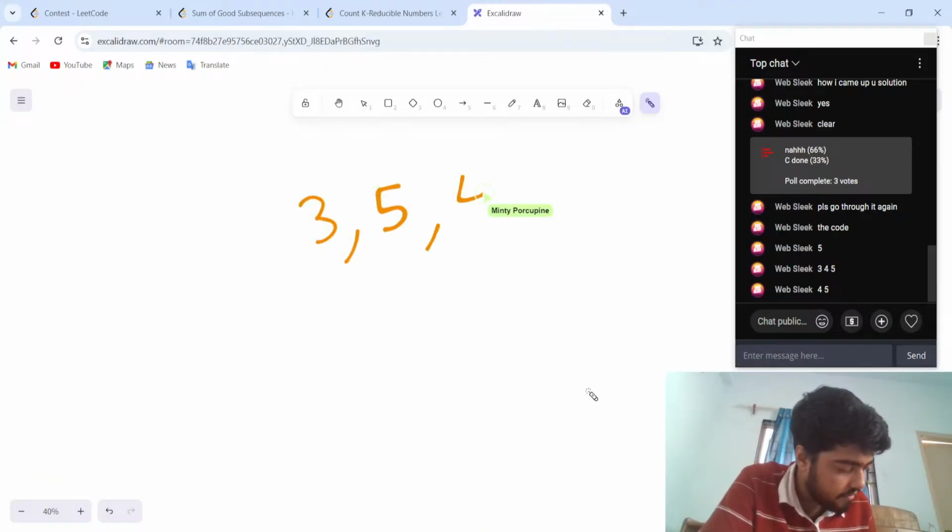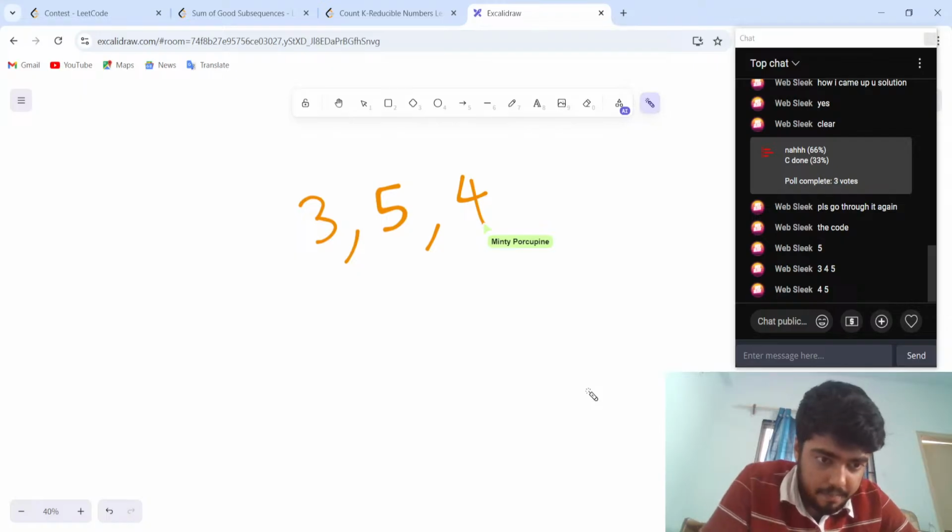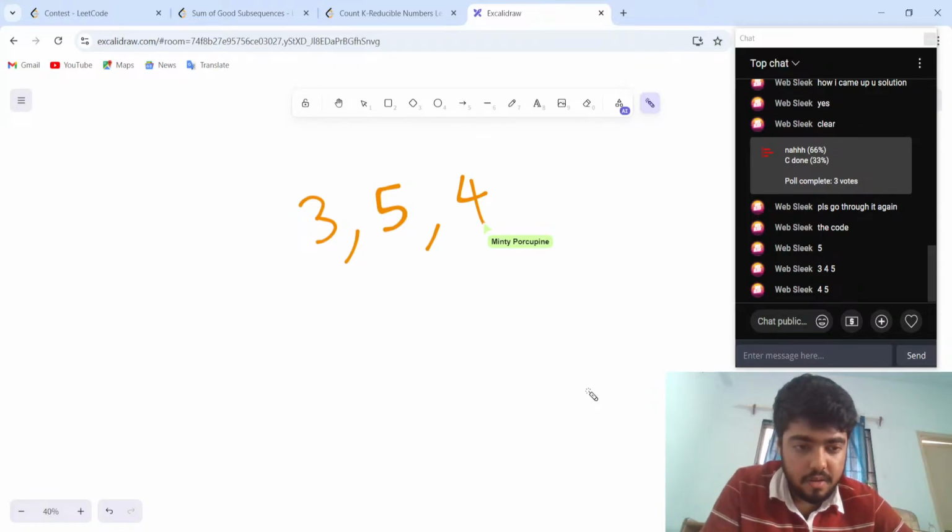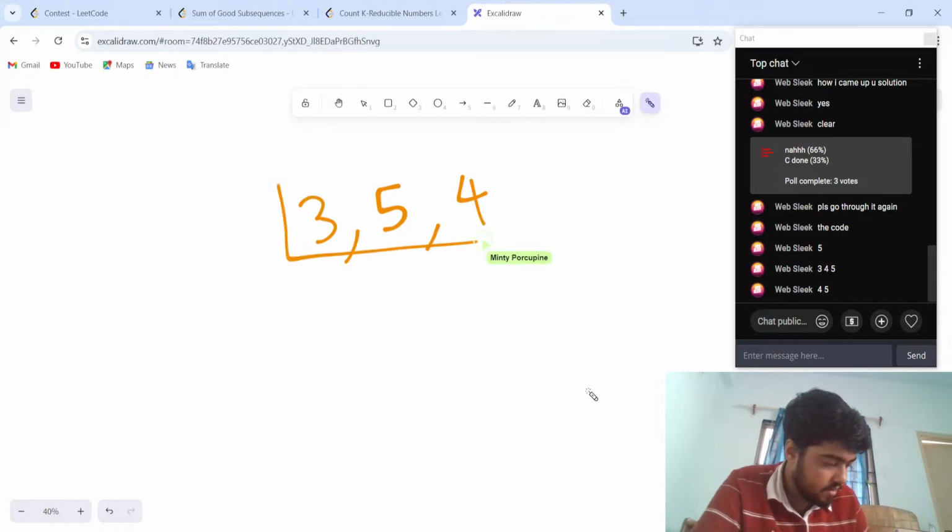I make it 3 5 4. Now remember one thing, that if it is 3 4 5 and if it is 3 5 4, the answer will always be the same, because in subsequences it will be the same. Okay, why is it so? Not exactly the same, but I think this will be a better understanding for you, the 3 5 4 condition.